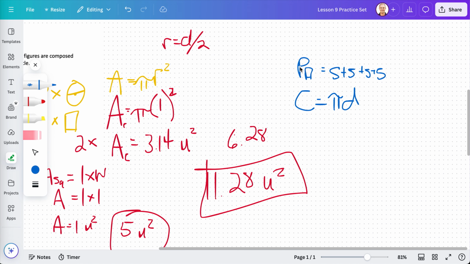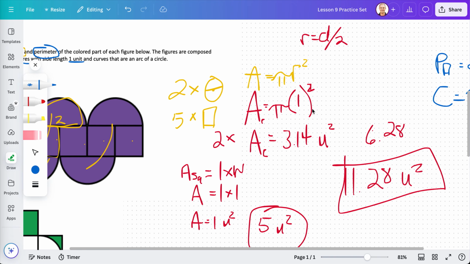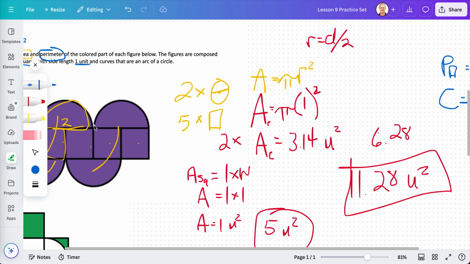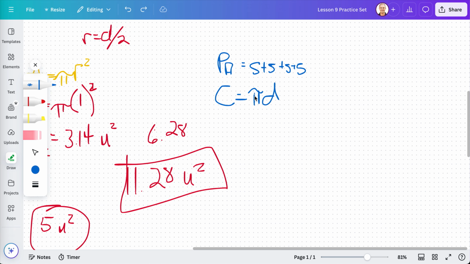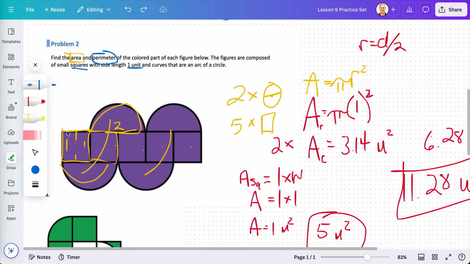So we know that the perimeter of a square is each side added together, and the circumference of a circle, which is the outside edge, is pi times diameter. So we have 1, 2, 3, 4 exposed edges of the squares.